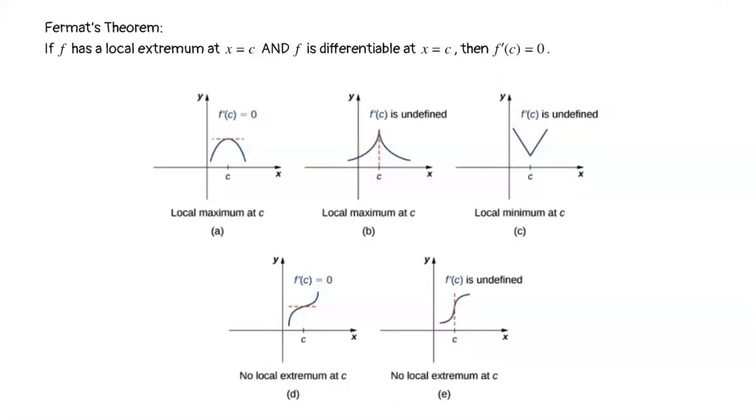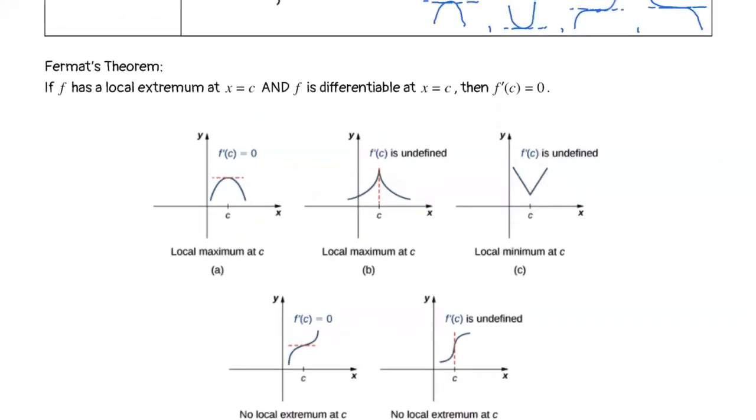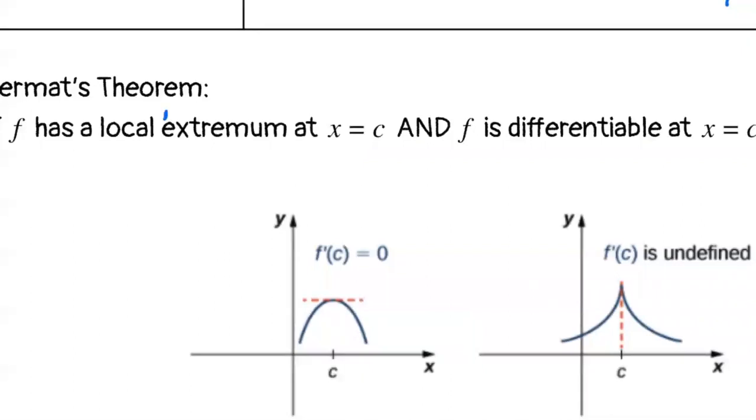Fermat's theorem says that if a function has a local extremum, this word extremum means it could be a maximum or a minimum. It doesn't matter. We don't know. But we know that it is a local extremum. So local extremum means max or min.